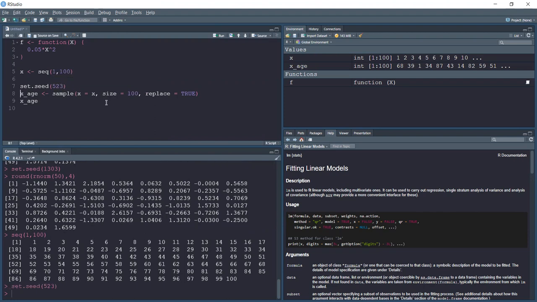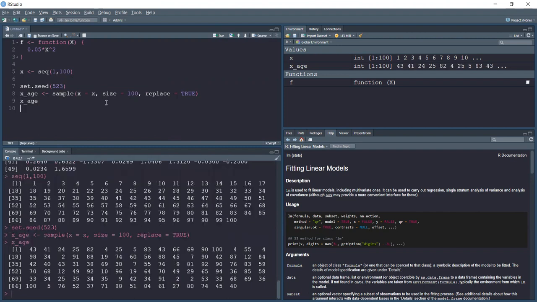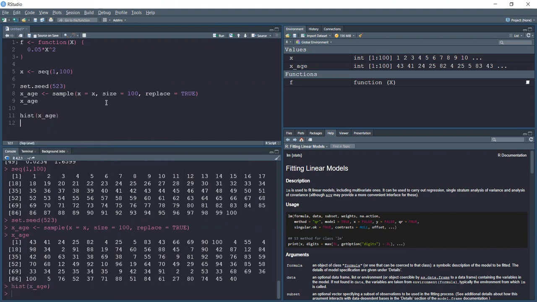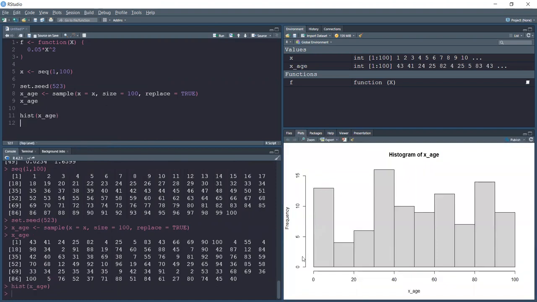What would sort of be less random to a certain extent is now these ages that I've generated over here. And if you want to look at the distribution, you do hist x age. And now we're going to pretend that this is our raw data.